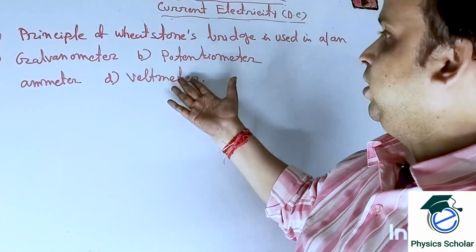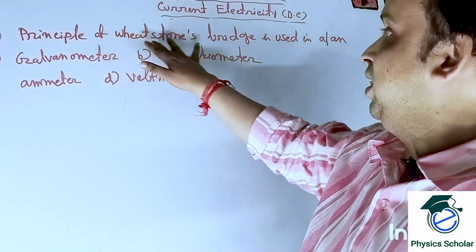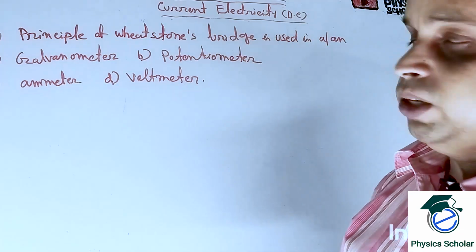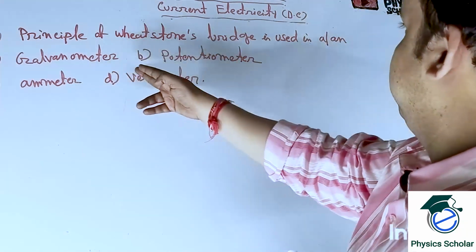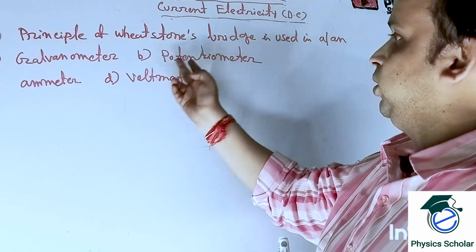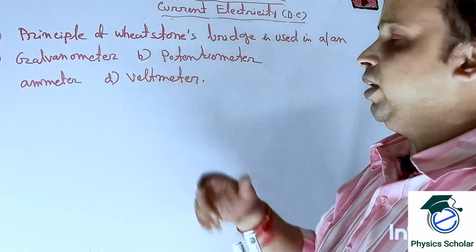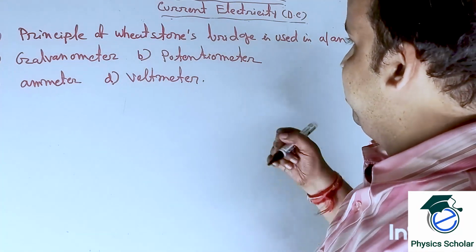Students, that is one type of conceptual question. The principle of Wheatstone bridge is used in a galvanometer, potentiometer, ammeter or voltmeter? The answer will be potentiometer.